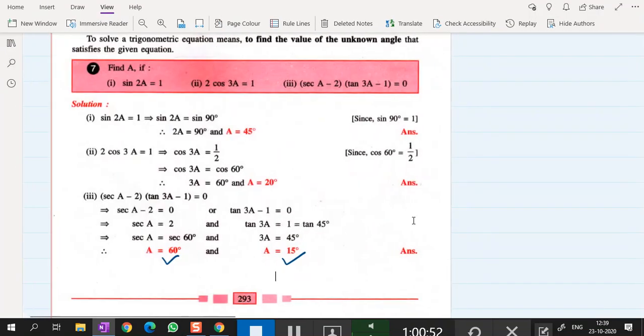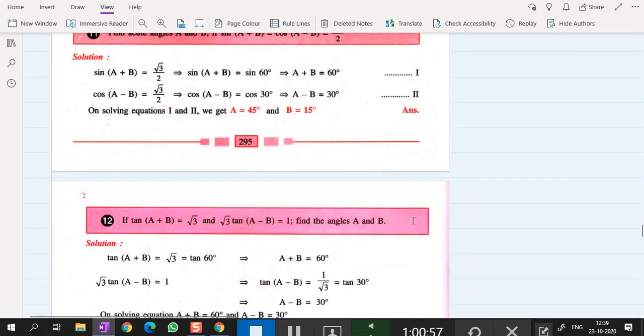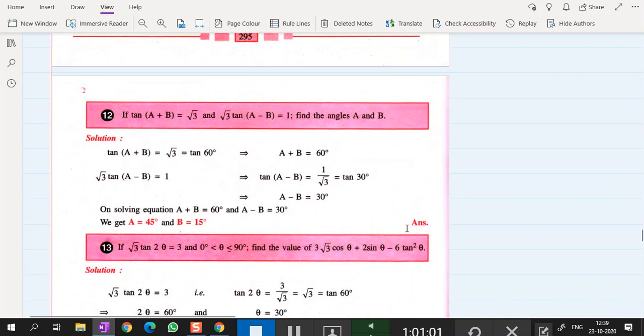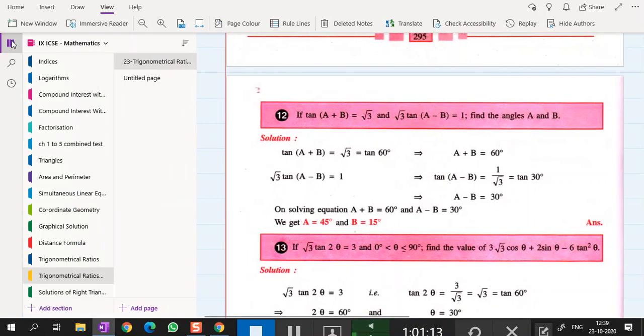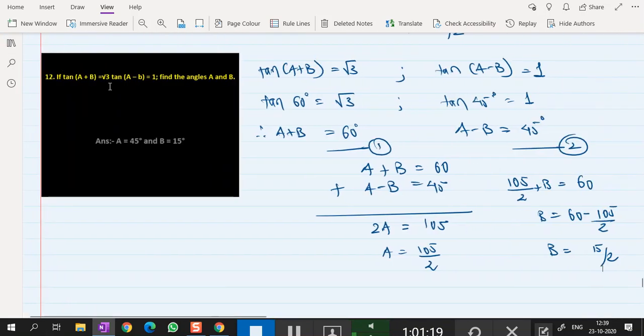This is question number 12, I think. Yes. Okay, so, oh, root 3 tan of A minus B is 1. See? There is a mistake in the question. Root 3 times tan of A minus B. There is a root 3 over here.